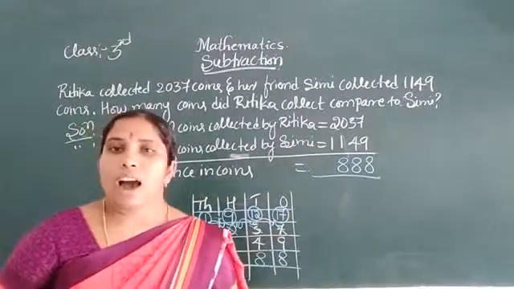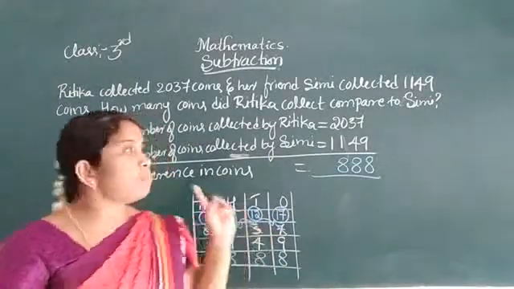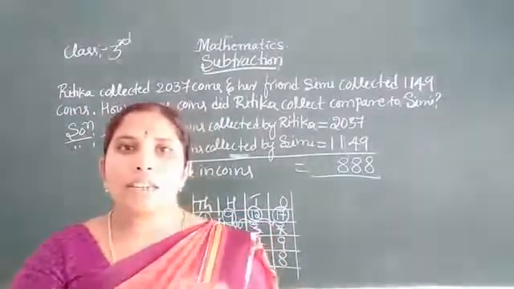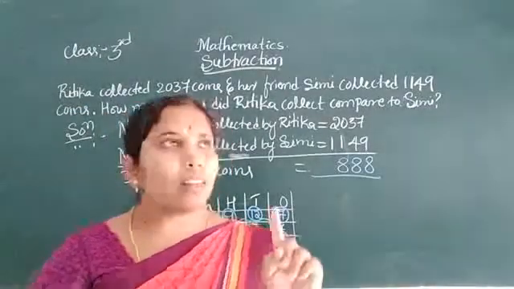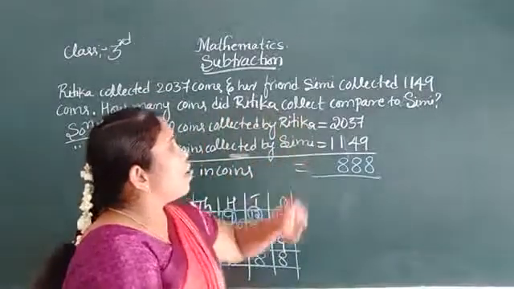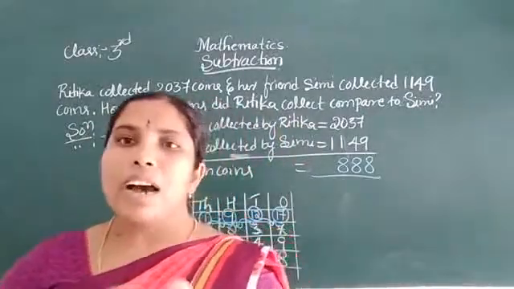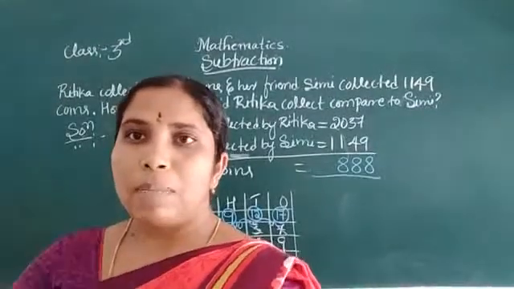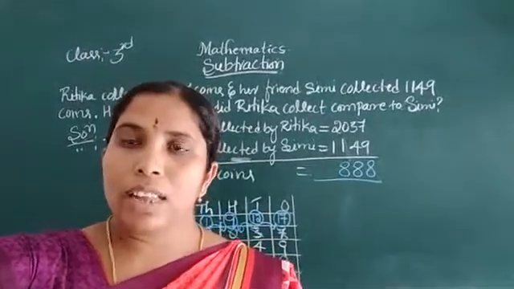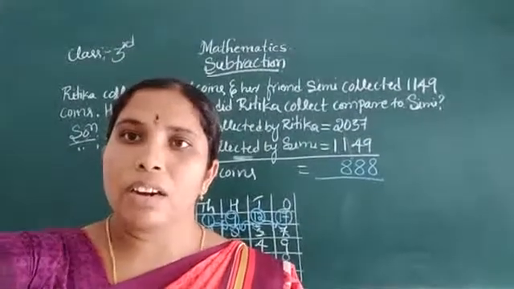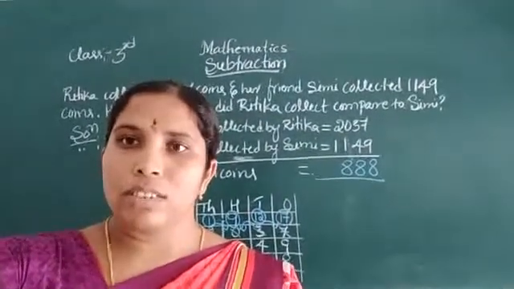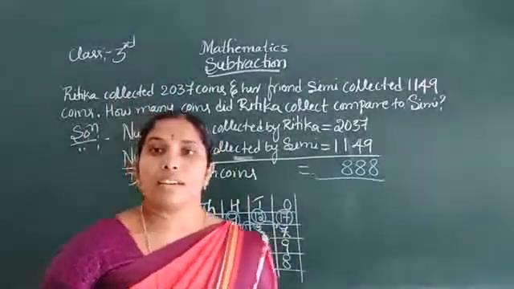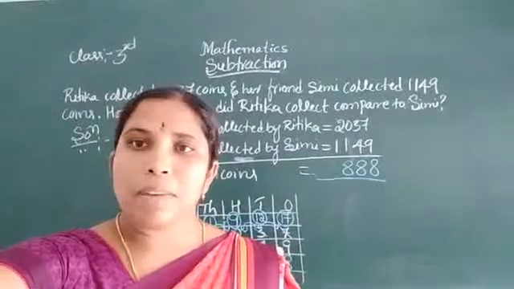888. So then they ask one question. See, observe. How many coins did Ritika collect compared to Simi?